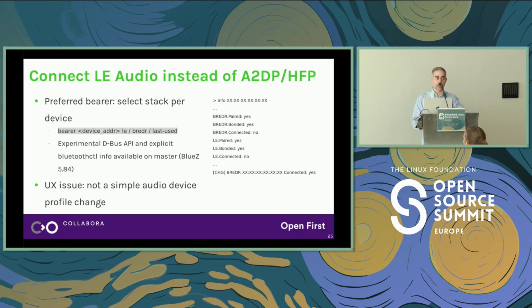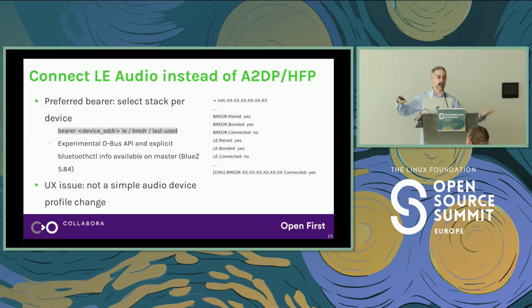Now, in BlueZ Master, which is to become 5.84, there is a new experimental dbus API and some more explicit Bluetooth control information. So if you are in BlueZ Master or 5.84, when you type info, you will have explicit information about BR-EDR connected or LE connected and paired as well, because pairing is also different for each stack.